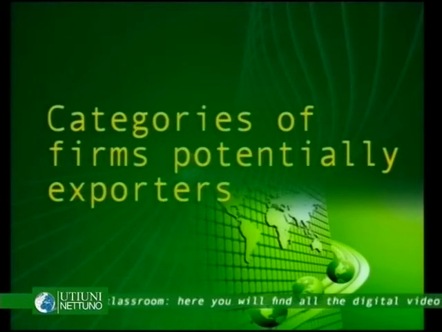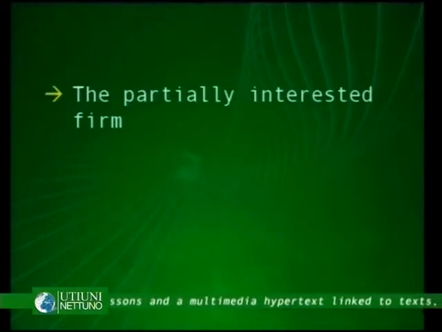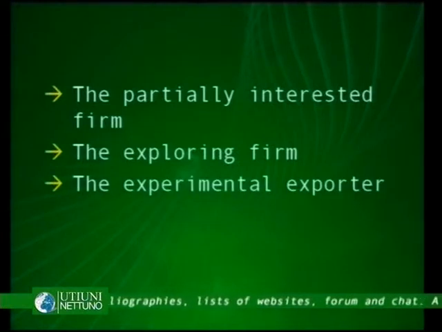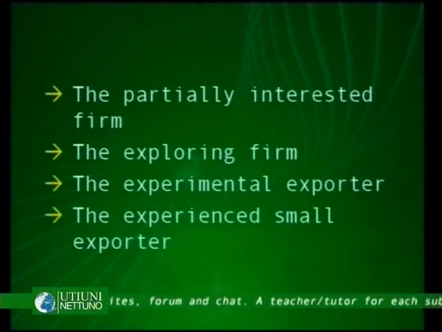So now we are going to see which are the categories of firms potentially exporters. We have a category that we may call the partially interested firm, the exploring firms, the experimental exporter, and the experienced small exporters.